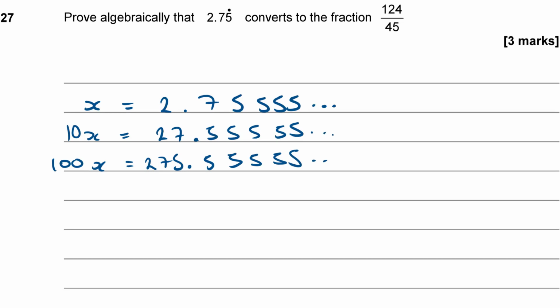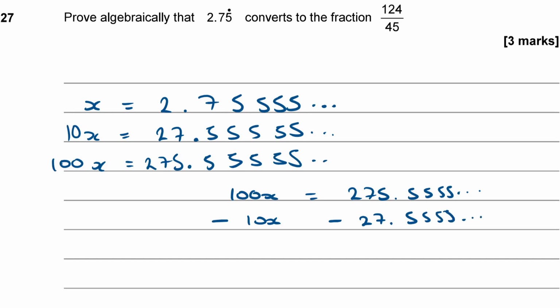So if I then take 100x and I subtract 10x, what I'm going to get is 275.55555 minus 27.55555 and so on. So what is that then?